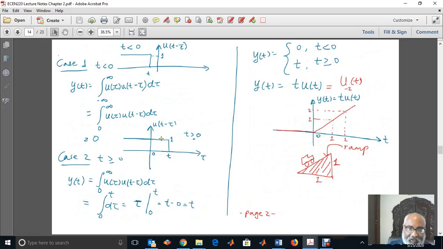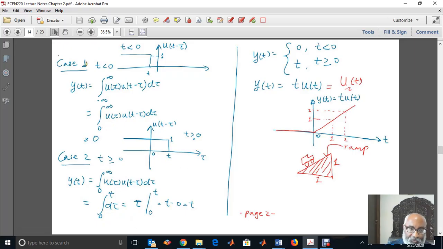This is u of t minus tau multiplied by u of tau. u of tau starts from 0 to infinity, but if you multiply these two functions, you will have a non-zero value between 0 and t. The rest will be 0. So it will be the integration of d tau from 0 to t, and this will be tau, which equals t.